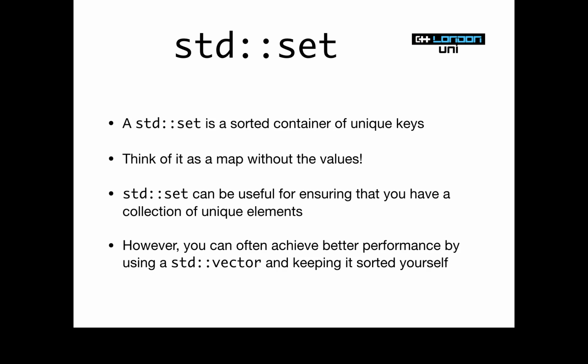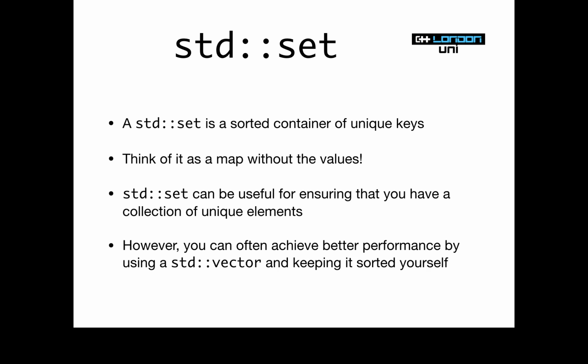So standard set, again, is implemented as one of these tree data structures. You can often, not always, but often get better performance by doing what a set does by having a vector and keeping it sorted yourself. Because of all the nice properties of vector that I've talked about before, about having this contiguity, having all the things laid out next to each other in memory, it's really quick to zip through all the elements.